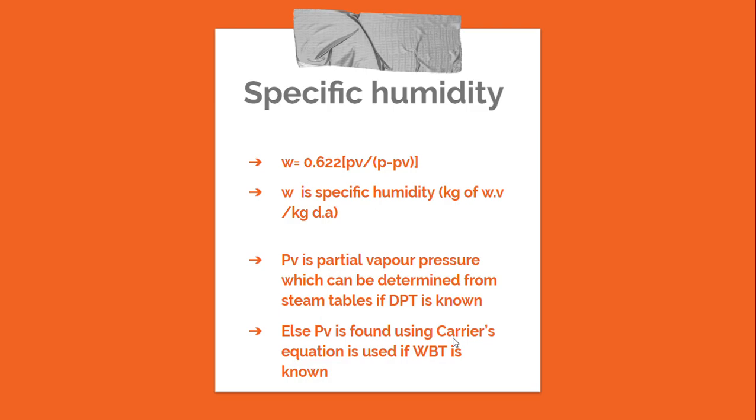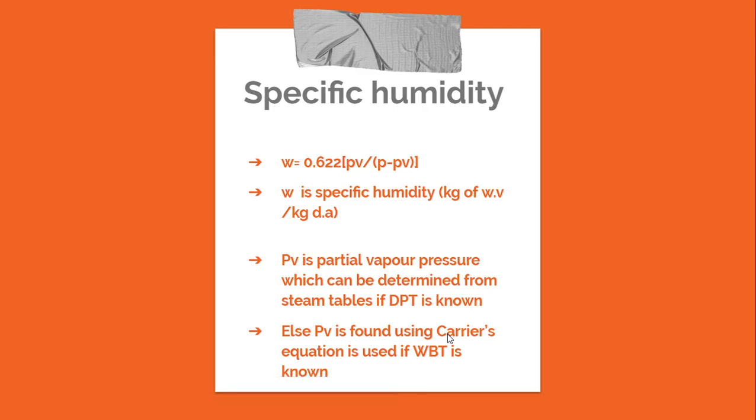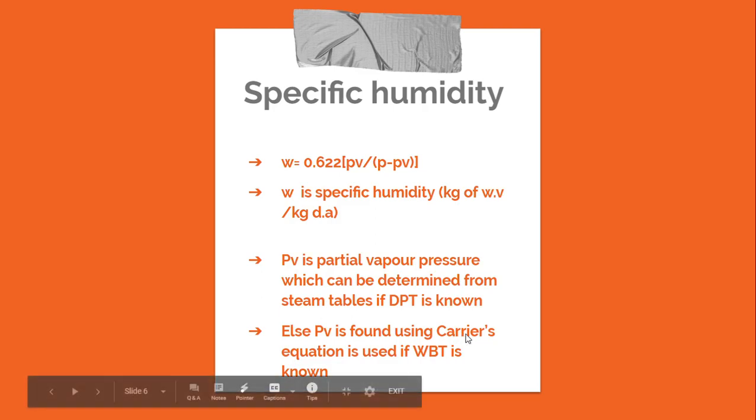Carrier is a person who is responsible for developing the science of air conditioning, honored by naming him the father of air conditioning. So in honor of his work, we call one empirical relation Carrier's equation, and that equation we can use for determining the partial pressure of water vapor PV.